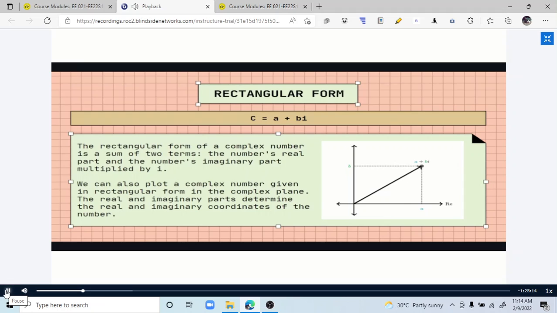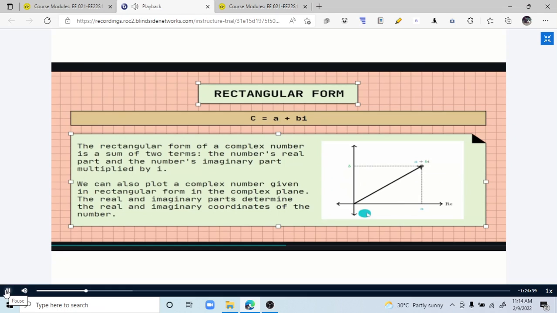If you observe a certain Cartesian plane, the x-axis is our real axis, and the y-axis is our imaginary axis. We have both the positive and negative real axis, and also the negative and positive imaginary axis. Let's say, for example, you are given 5 plus 4i.